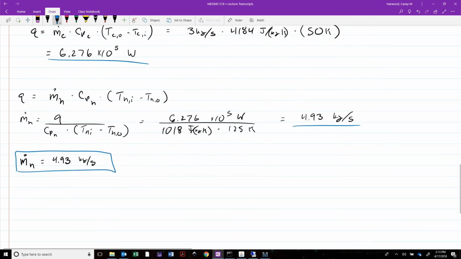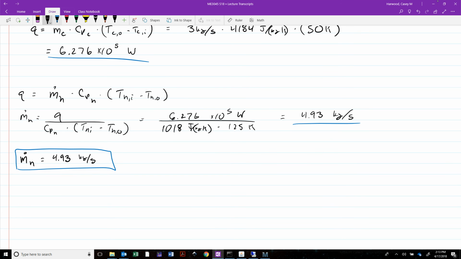So now that we've got that, that's the solution to part A. Now we can find that quantity m dot times Cp for both the hot fluid and the cold fluid, figure out which is minimum and which is maximum, and from there move on to find the effectiveness and the NTU and then the total resistance.